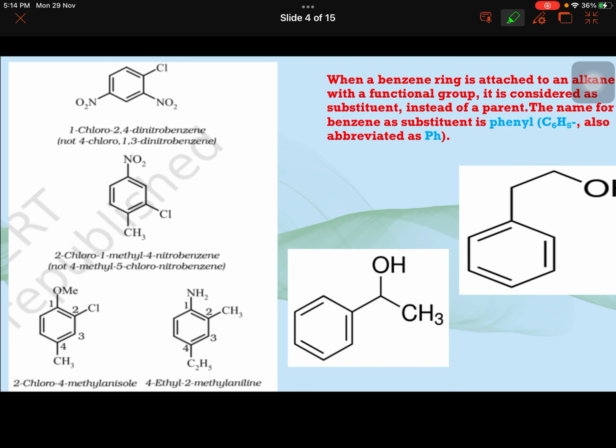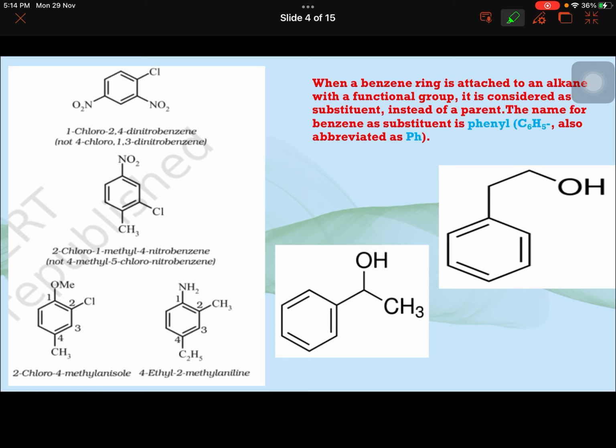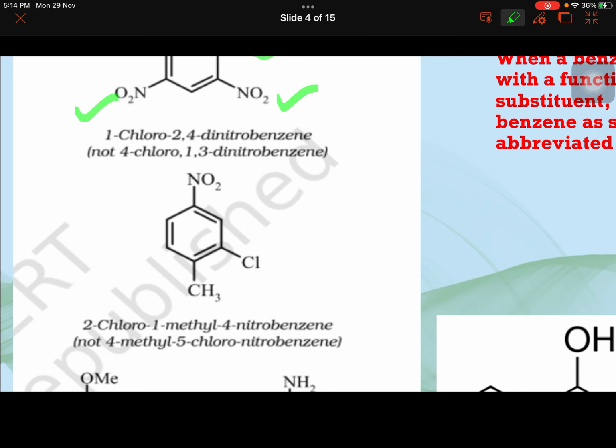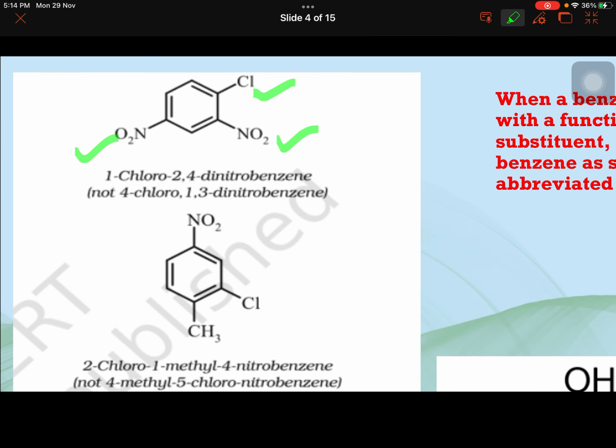More examples. Cl and two nitro groups are attached. So if I come like this 1 2 3 4, I have to start numbering from the carbon which is having a substituent. Some students have this habit that they always give number 1 to this carbon which is on top. No, that is a wrong way of doing it. Never ever do it.